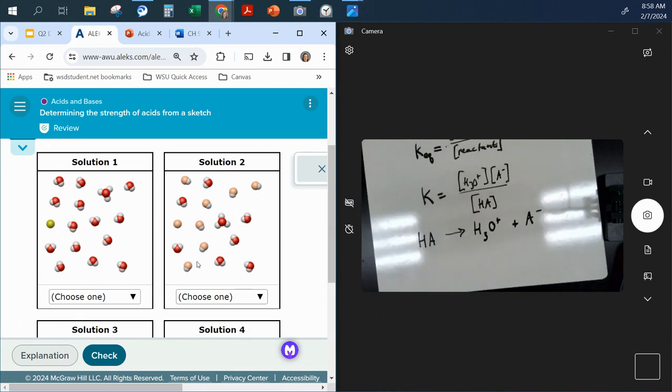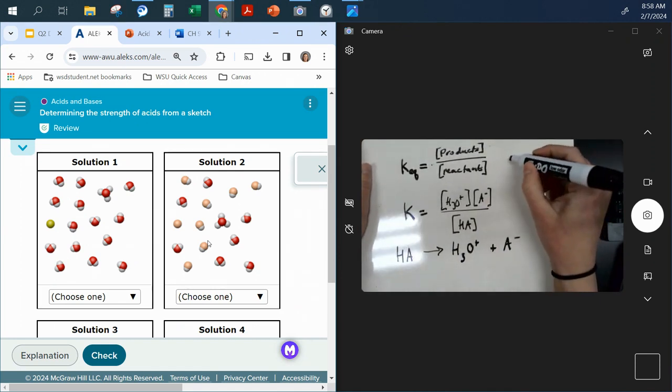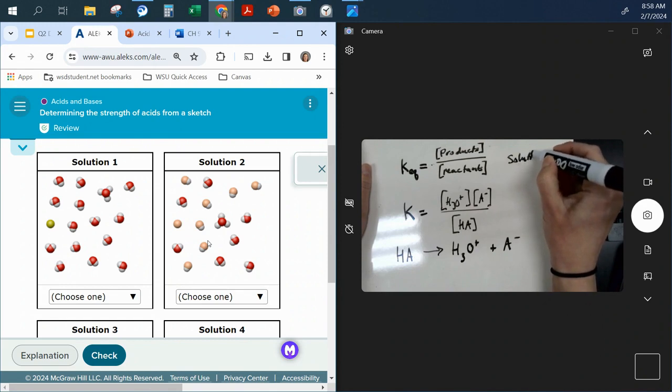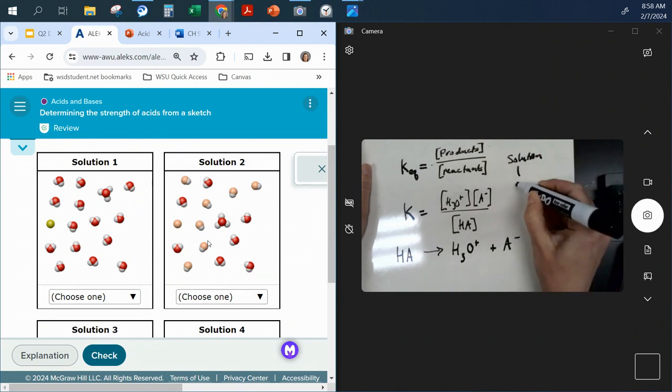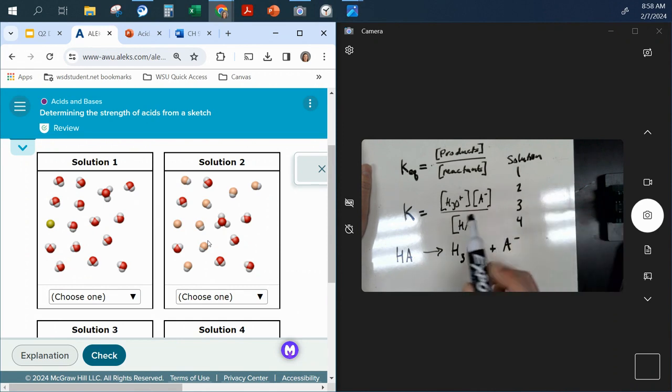Water is not a product or a reactant. And then we're going to rank the ratios. I'll put solution number over here. I'm going to look at 1, 2, 3, and 4, and for each of those, I'm going to make an equilibrium expression.